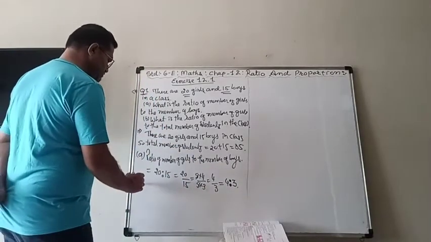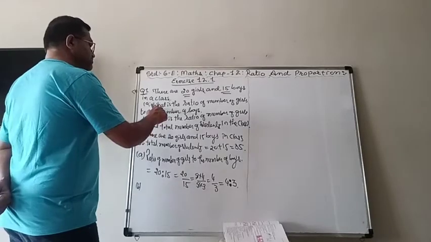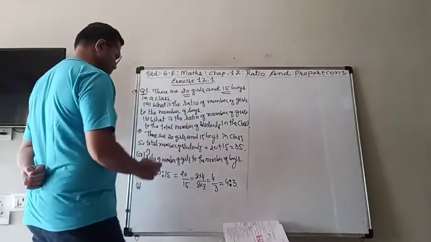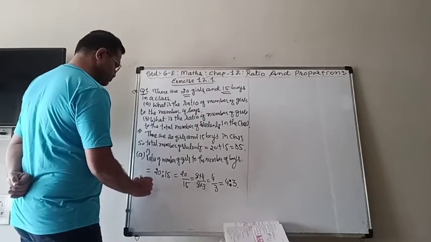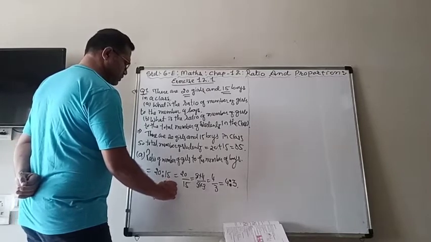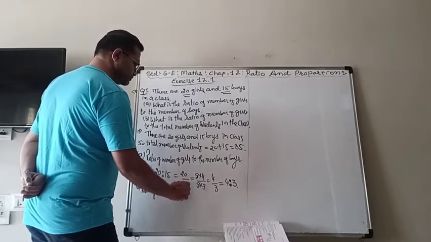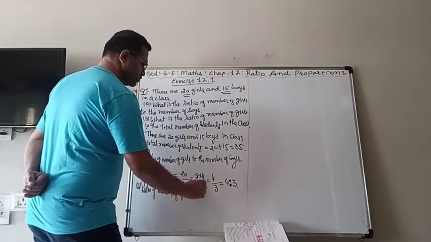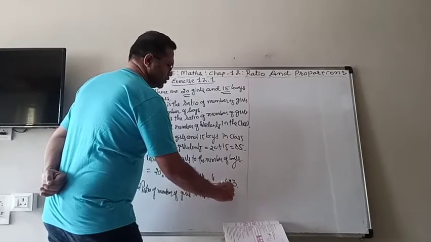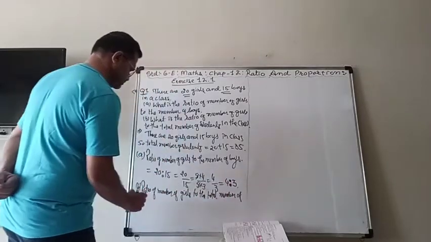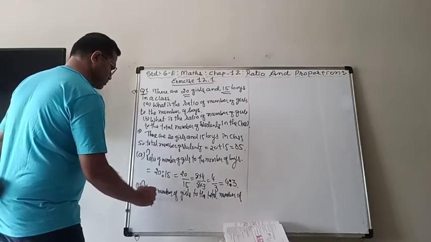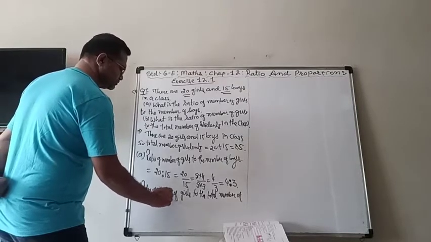Similarly, in B, we have to find the ratio of the number of girls to the total number of students in the class.